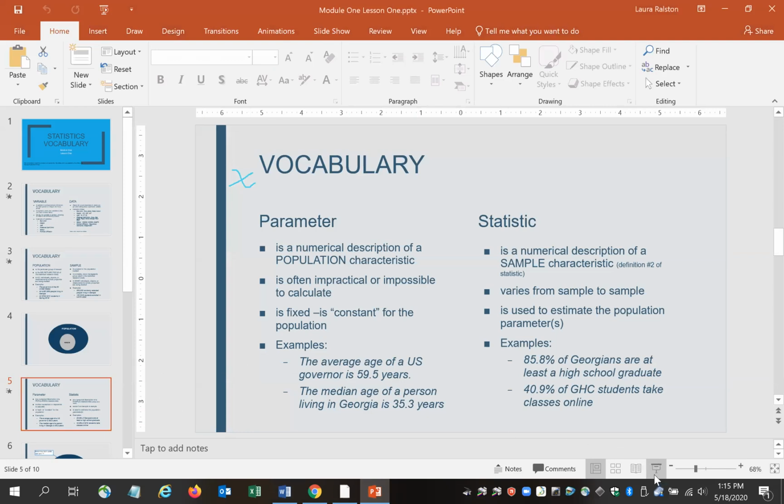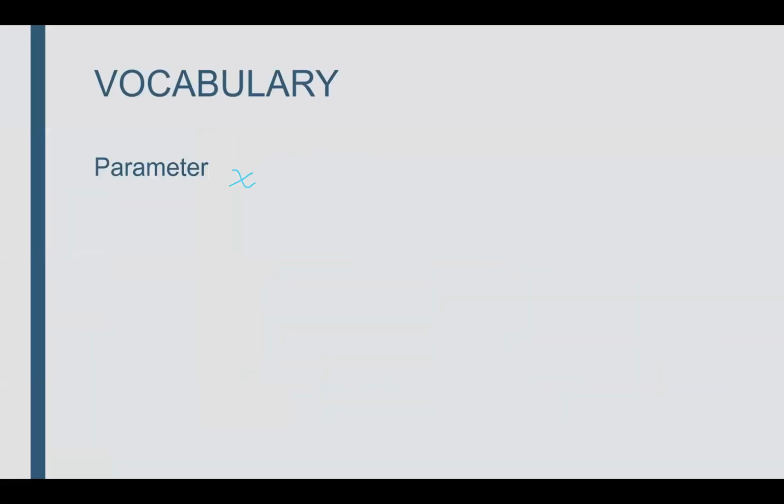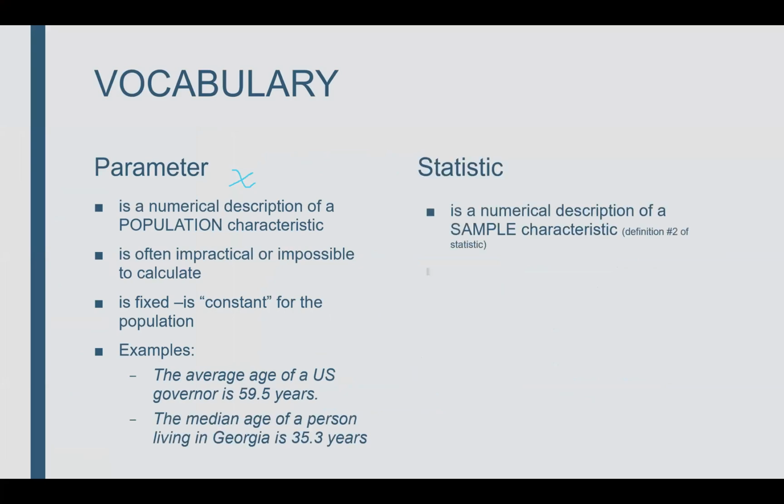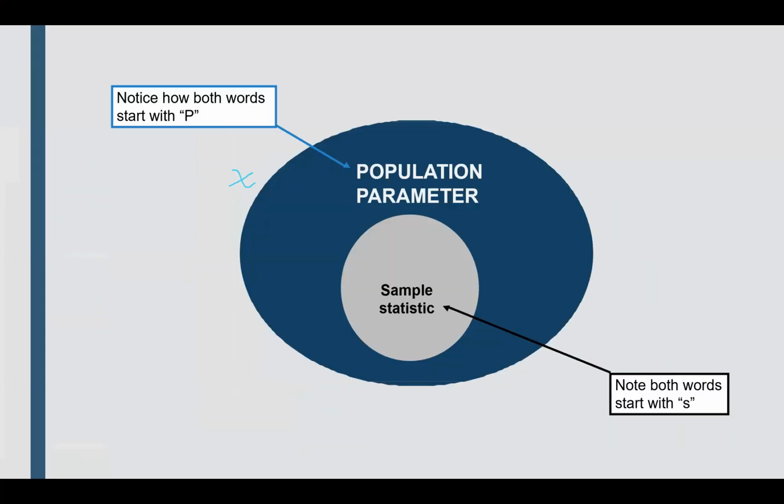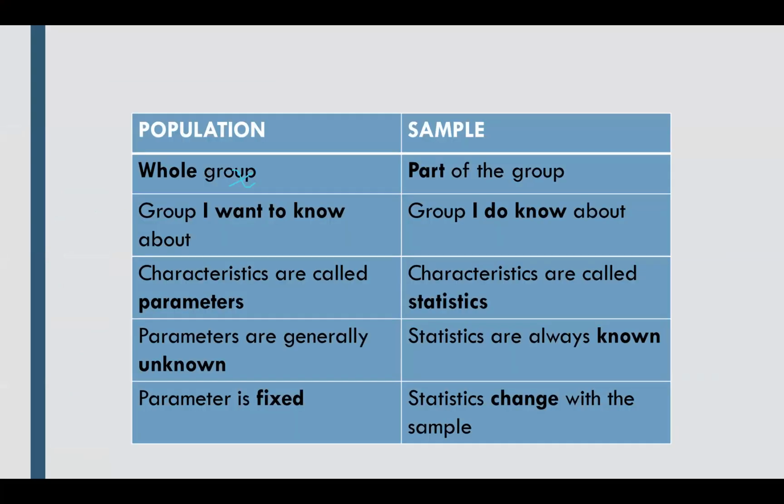Again, that diagram is on the PowerPoint slides. And then I have a table that I created. It actually came from a former textbook to let you see the differences and the similarities between population and sample.